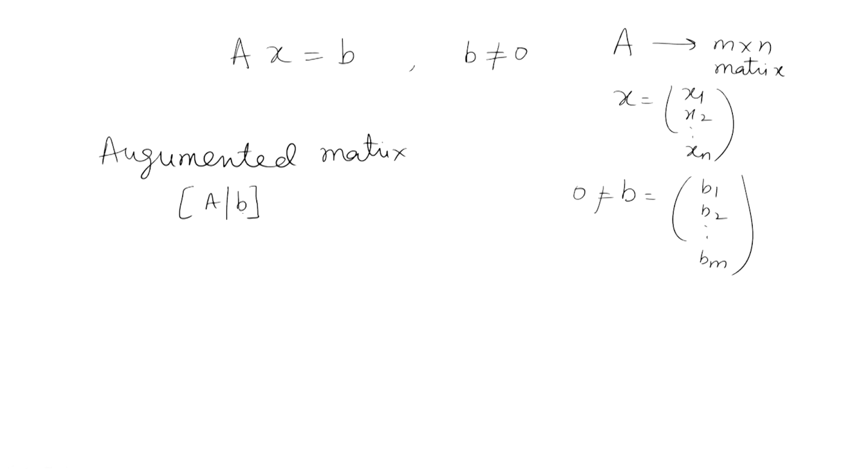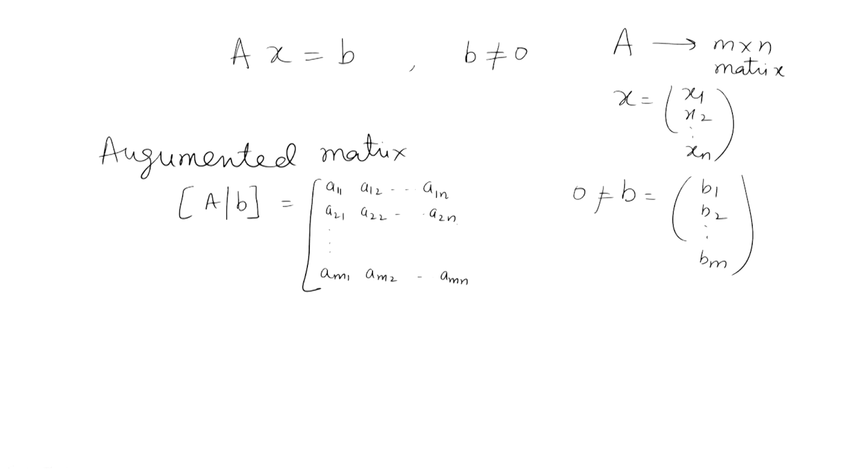This matrix is the augmented matrix, and the augmented matrix means you first write A. A is A11, A12 up to A1n, then A21, A22 up to A2n, and then Am1, Am2 up to Amn, which is an m cross n matrix.